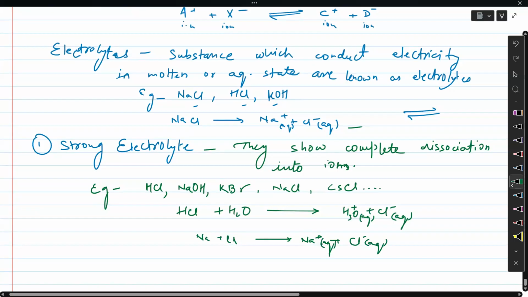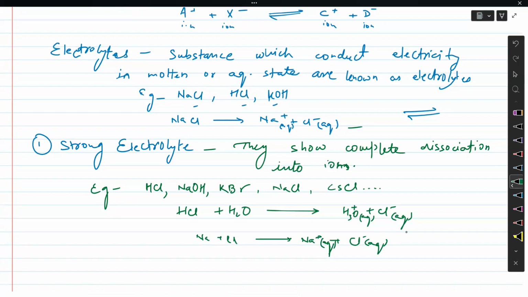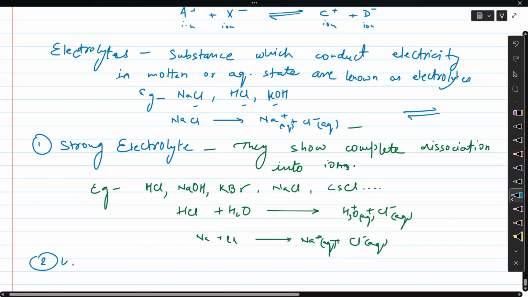Since they completely dissociate, they have the full capacity for the transfer of charges, meaning they show very good conduction of electricity. The other point we have is weak electrolyte.